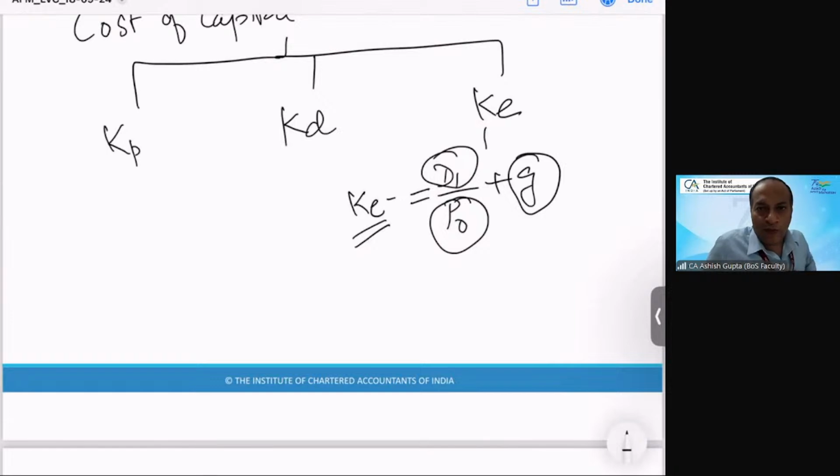Now when we talk about security valuation, it is linked to this topic. How is it linked? Here we shall be given this value KE. We can say this much of return we expect from the market.